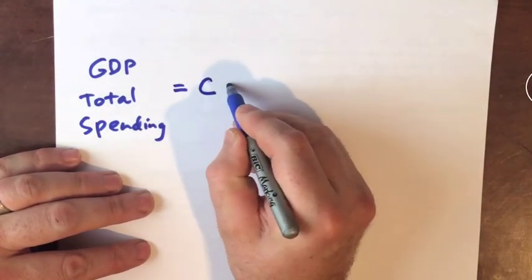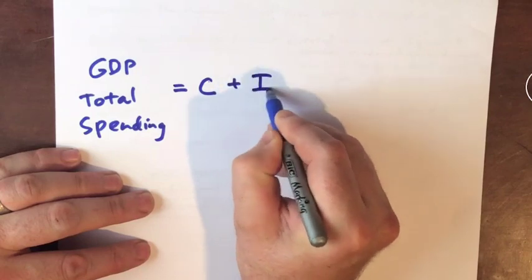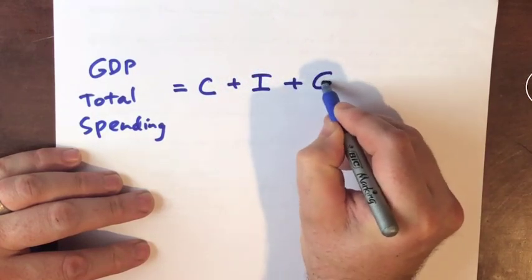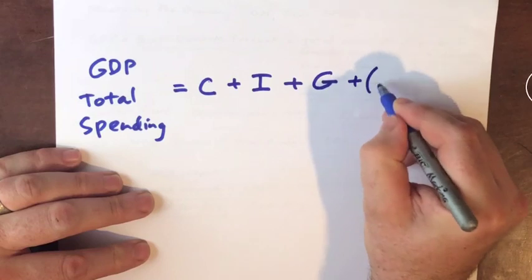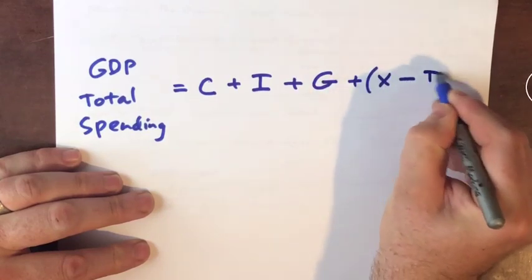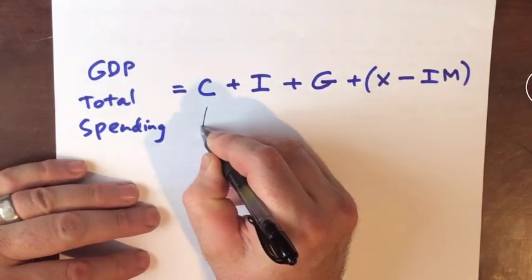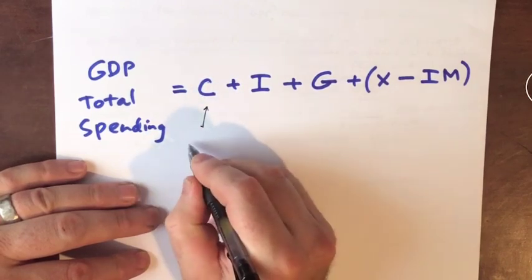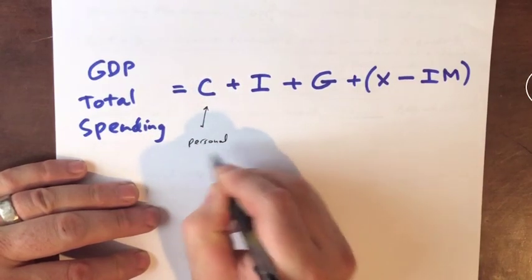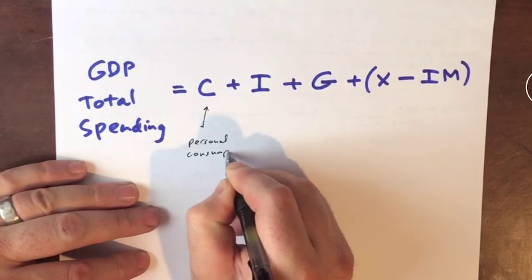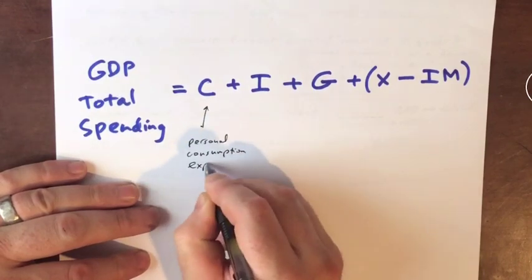All right, C, I, G, and X, and IM. C, this is consumption. All right, so the full title for this is personal consumption expenditures.